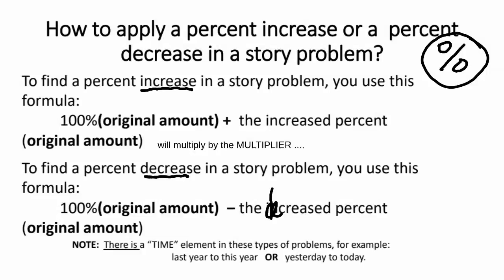Okay. To find the decrease, I am going to take the 100% of the original amount, and I am going to subtract the decrease percent, and then the original amount is going to be multiplied by the multiplier.